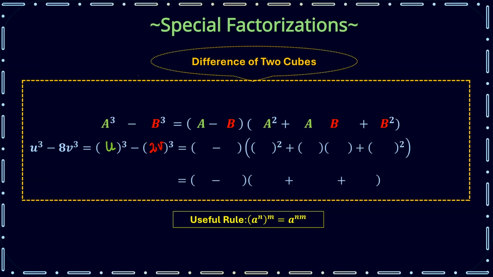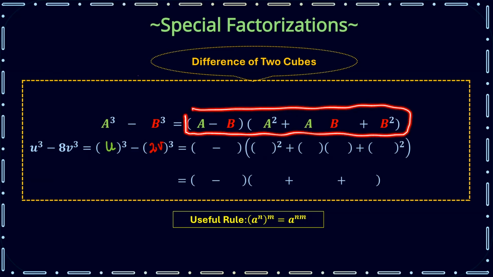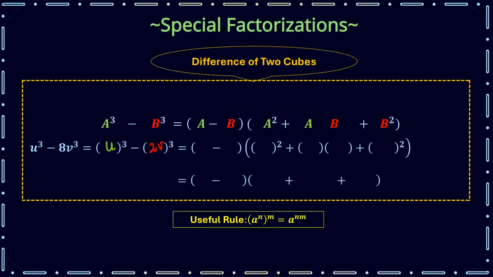And then we're going to apply a and b into the formula for the difference of two cubes. All you have to do is just plug in, and then you're going to simplify. So we decided that a is u, so wherever I see a, I plug in u.